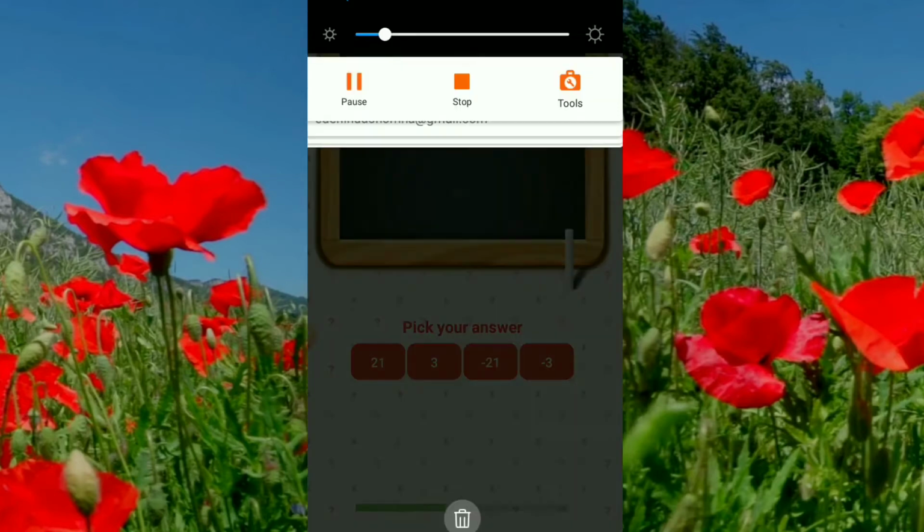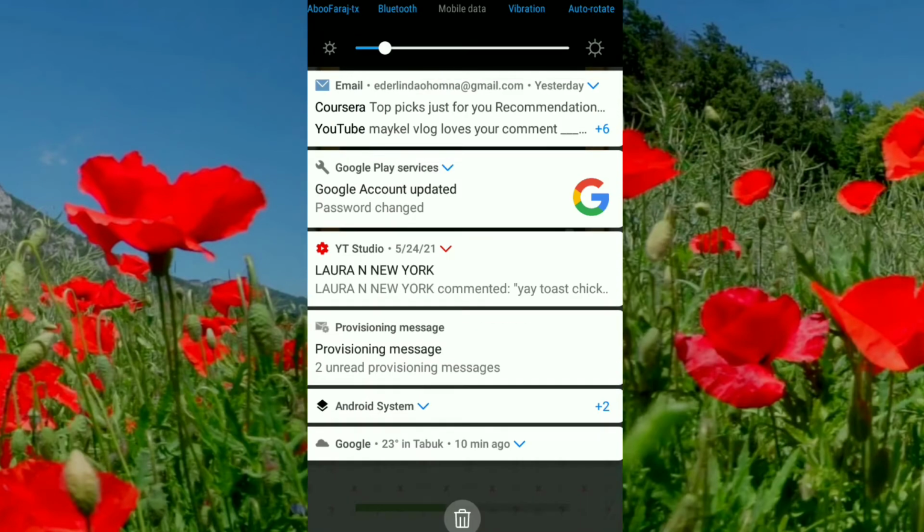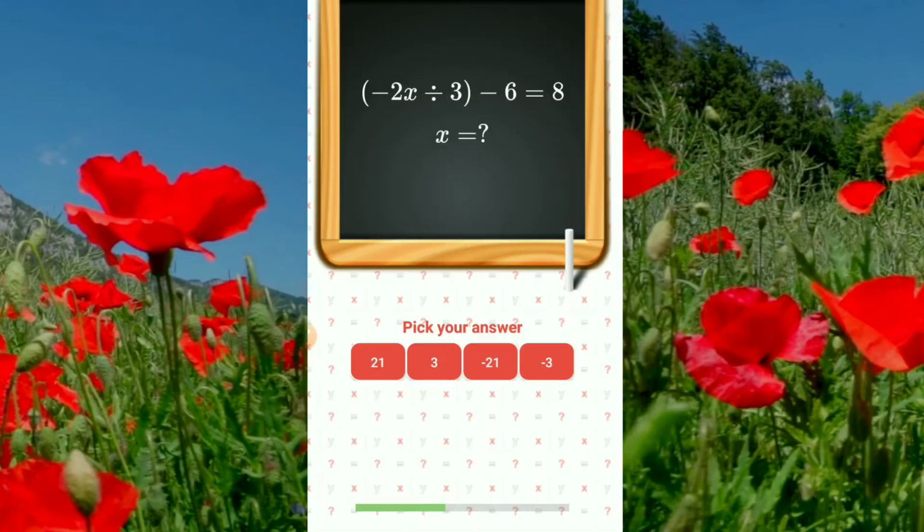So next, negative 2x divided by 3 minus 6 equals 8. We need to find the x. So step 1, we need to add the 6 to both sides to remove negative 6 from the left.